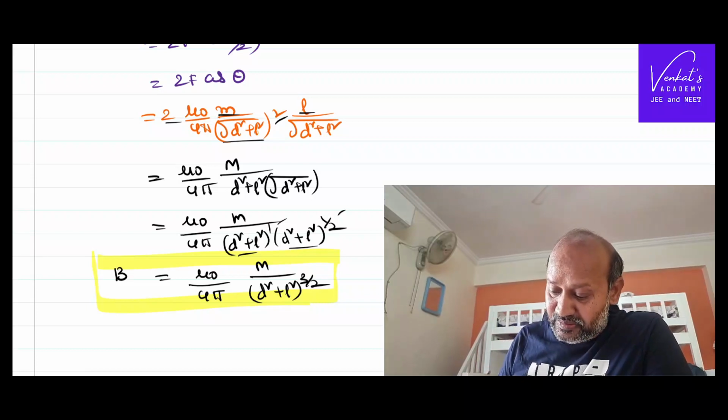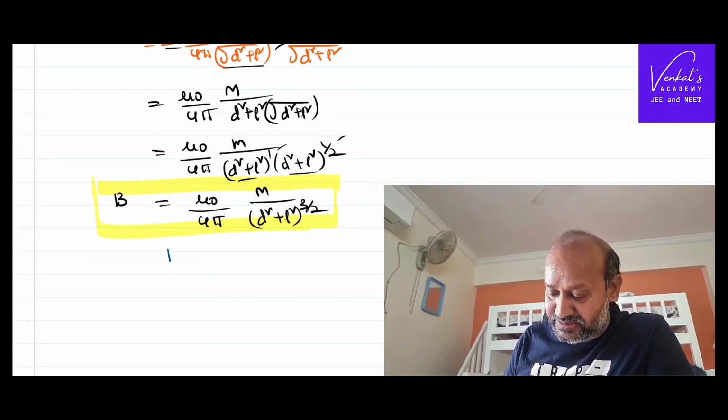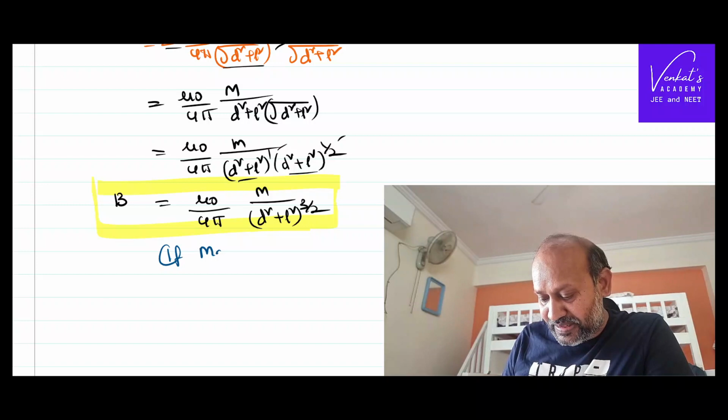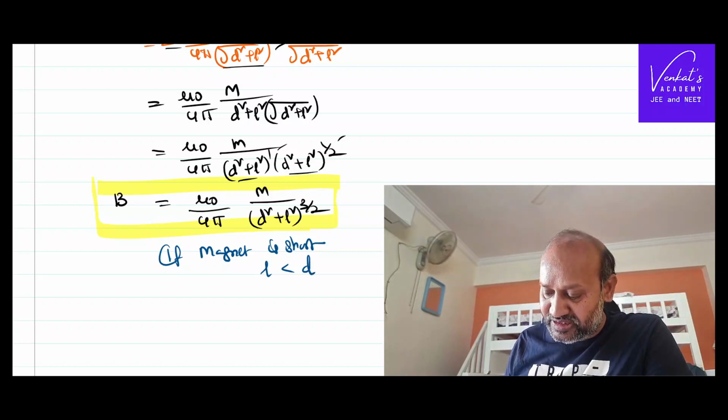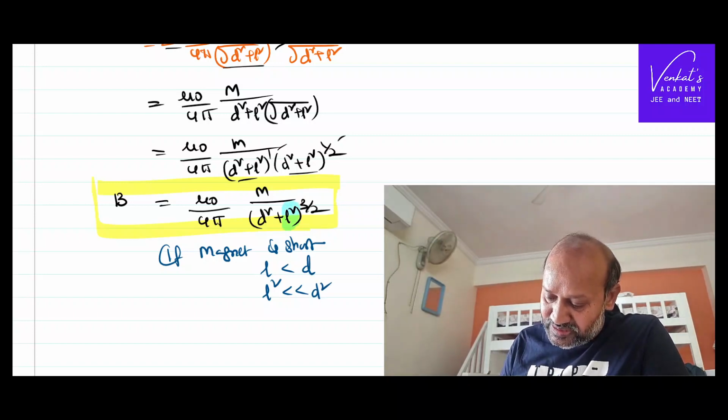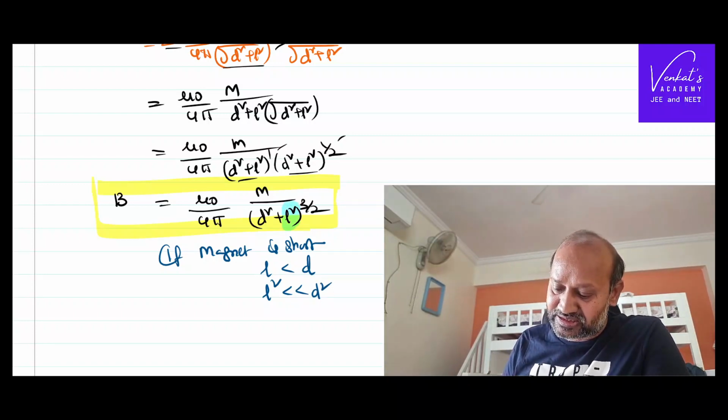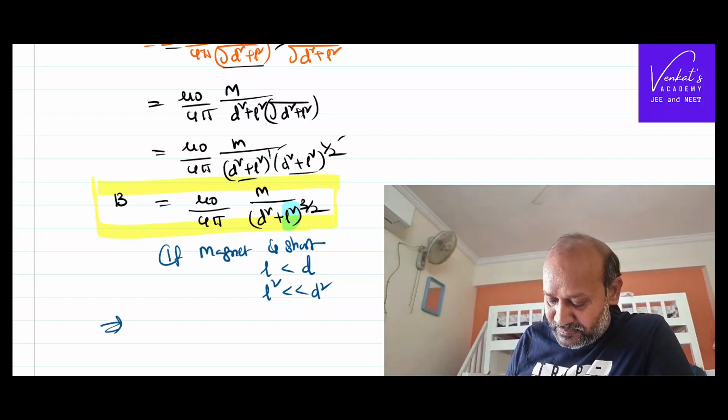What if your magnet is a short bar magnet? If the magnet is short, its length is much smaller than the distance where you are calculating on the equatorial line. Then L square becomes much smaller than d square, so I can ignore that in that case. So what happens in that case?